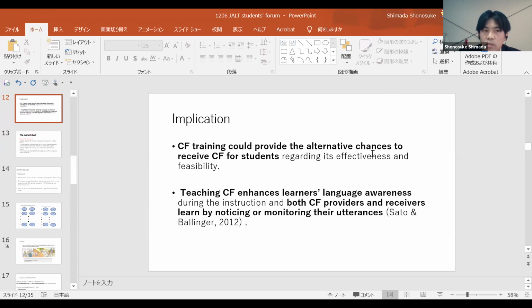Corrective feedback is not so difficult for higher proficiency English learners or native English speakers. So I think once they know how to provide CF, it's not a big problem for them to provide it. Okay, thank you very much. Thank you.